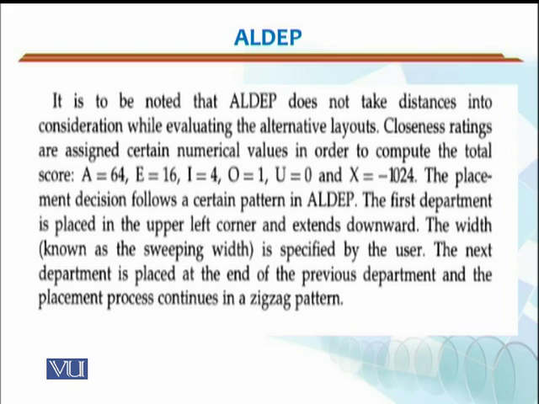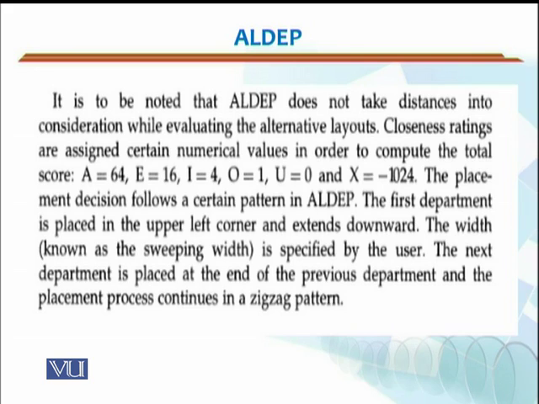So let's say for some alternative layouts, the score for A is 64, E is 16, I is 4, O is 1, for instance, U is 0 and X is equal to minus 1024.